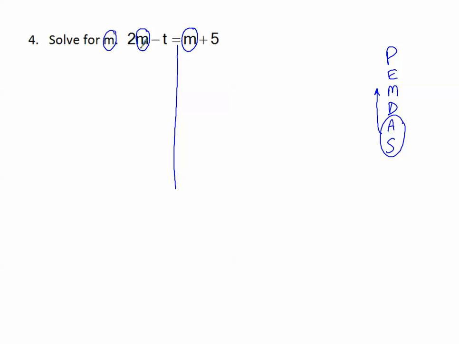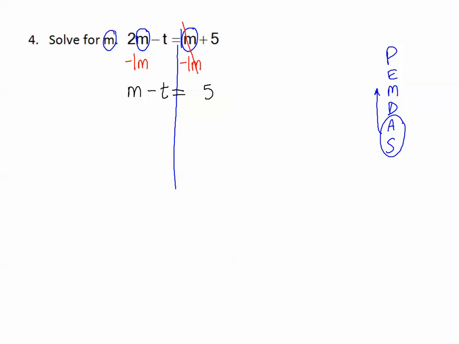This is 2m. This is like 1m. So if this is positive 1m added to the 5, I'm going to first subtract 1m from both sides. Gets rid of that m from that side, and I have m minus t, because 2m minus 1m is 1m, or just m, equals positive 5.